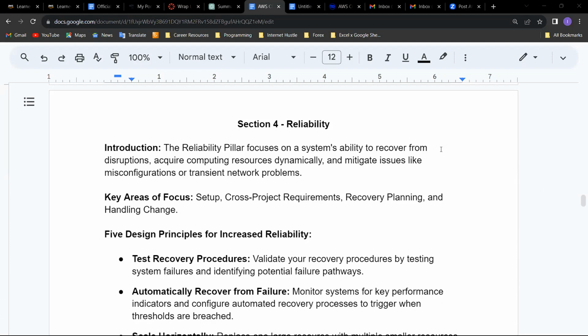Okay, so we'll look at reliability. I have a set of questions that I want us to look at, about 10 questions.